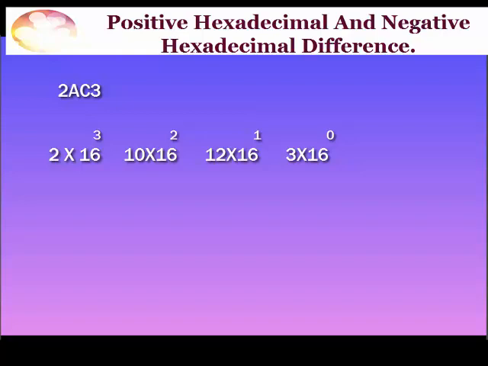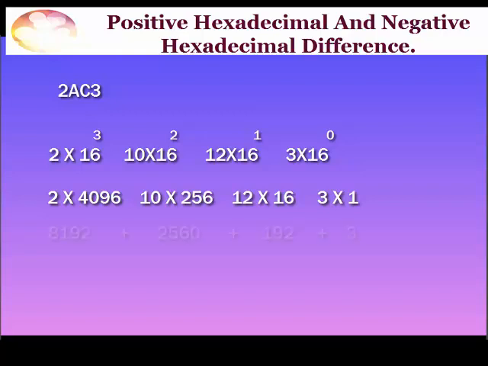Then write the value for each power of 16, which are 1, 16, 256 and 4096. If we multiply these values, this will be the second last step. And now finally we add these values, so it will be 10947 with base 10, which is the decimal equivalent.